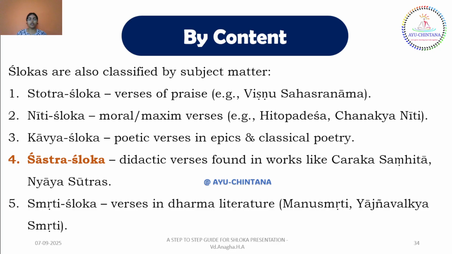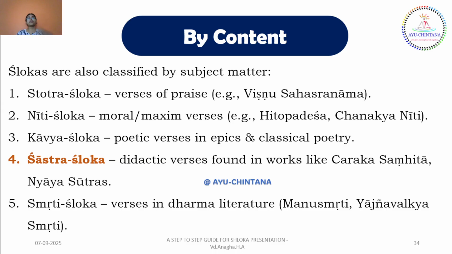Then Kavya Shlokas from Harshacharita or Kalidasa's Abhijnana Shakuntala works, like that. Then Shastra Shlokas, that is from Charaka Samhita, Nyaya Sutras, Vaisheshika Darshana Sutras, or Ashtanga Sangraha for that matter. Then Smriti Shlokas. These can be studied from the literature, that is Manusmriti, Yajnavalkya Smriti, Parashara Smriti, Naradiya Smriti, like this.